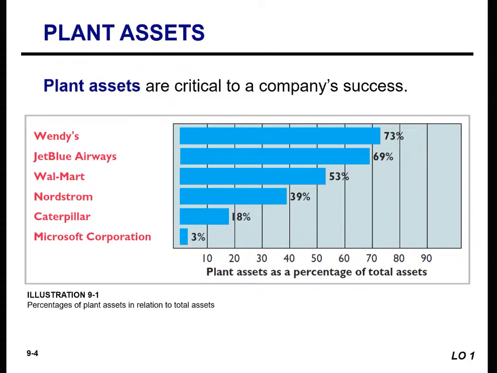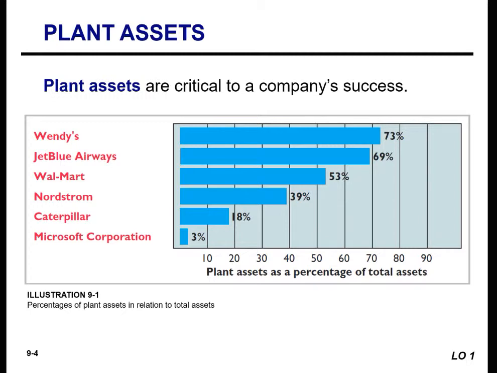Plant assets are absolutely critical to a company's success. These are the actual assets that the company uses to generate the revenues that lead to net income. So if you stop and think about it, Wendy's cannot sell hamburgers if they don't have grills. They cannot sell fries if they do not have fryers.